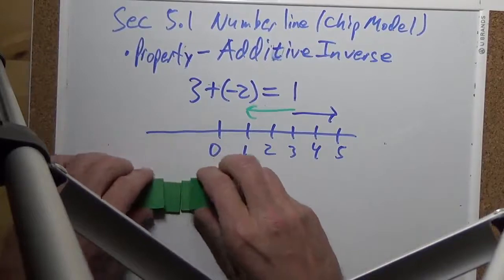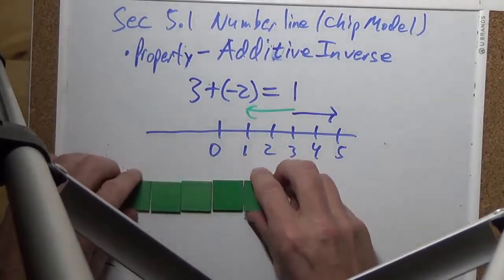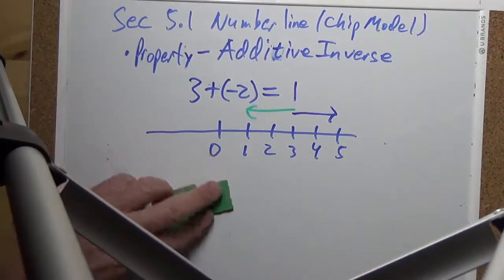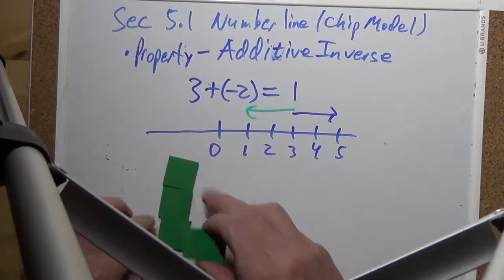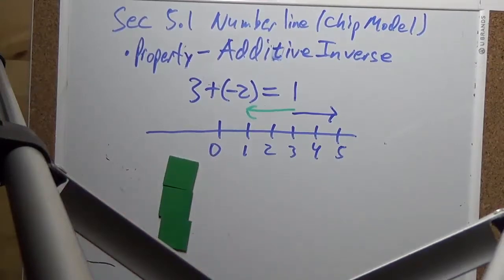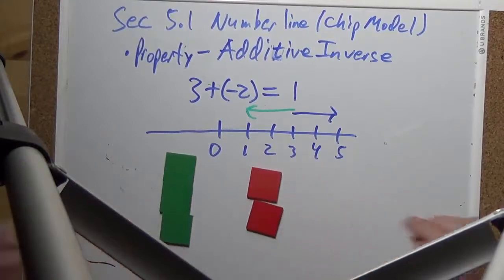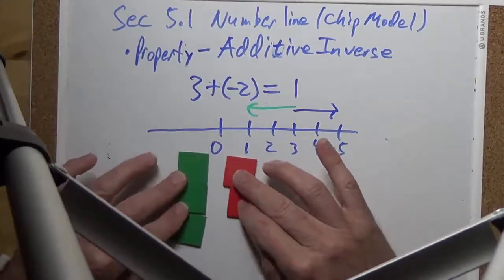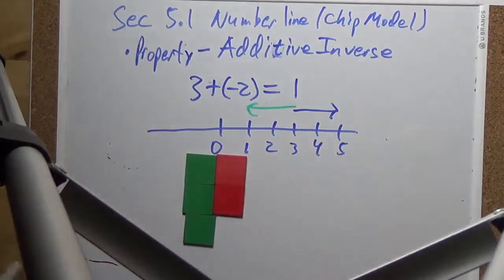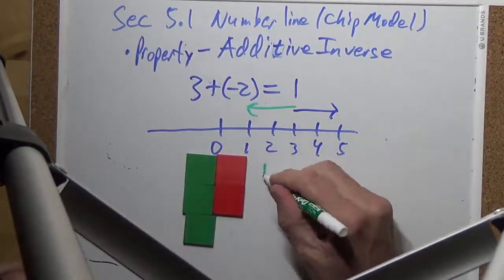So basically, here's my chip model. I'm starting with 3 positives. I've got 2 negatives. And if I add these, if I put them together, I just formed 2 zero pairs here.